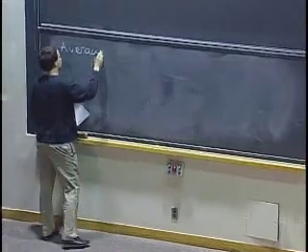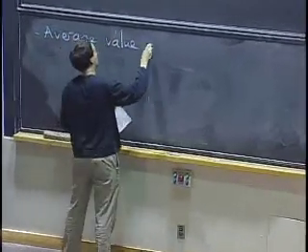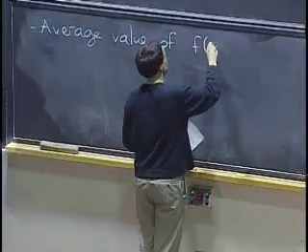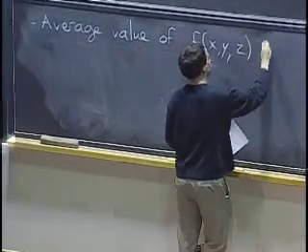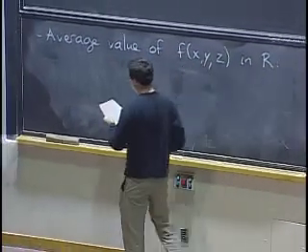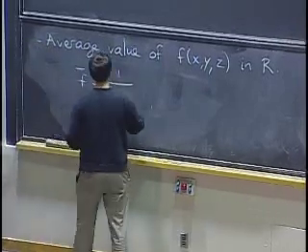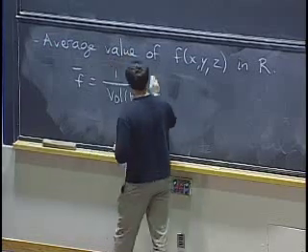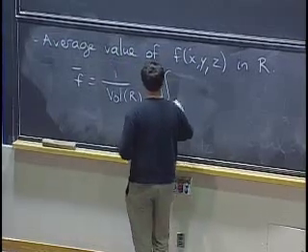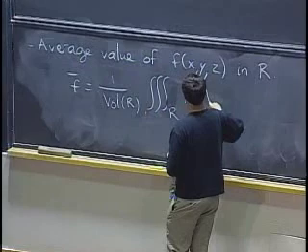The average value of a function f of xyz in the region R, that would be f bar, would be 1 over the volume of the region times the triple integral of f dv.